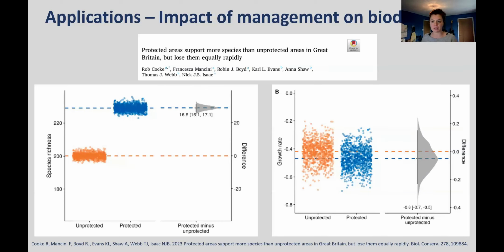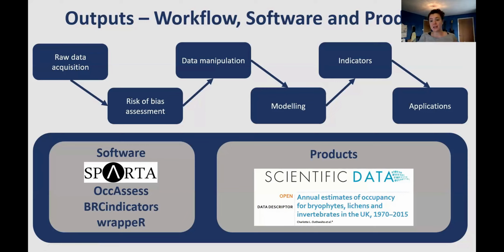So the workflow is in itself an output, and while we were developing this workflow, we also developed a lot of different types of outputs. This has included software. For example, the R package sparta that we use to run the occupancy models that I showed you before.